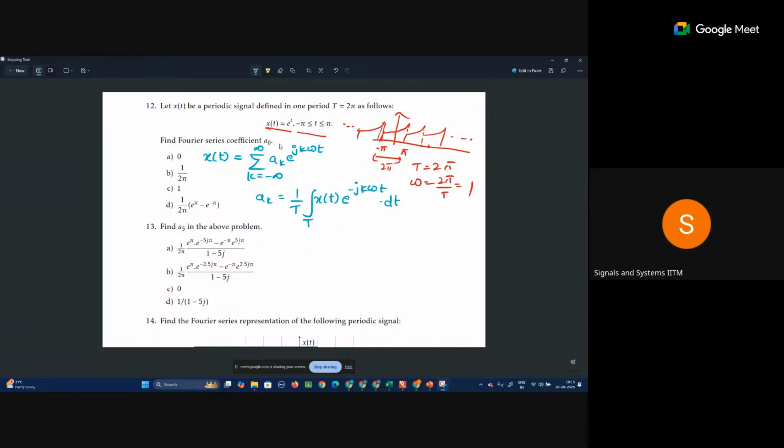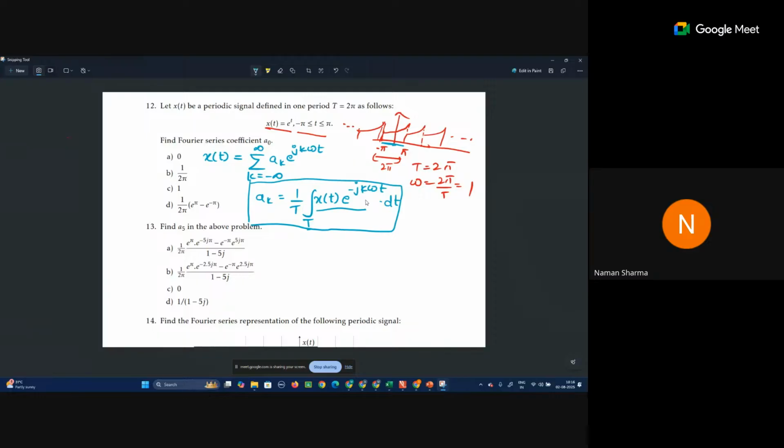Ma'am, can you please tell me about the limit part? This limit? Yeah, this is a formula in the duration. It is not from minus infinity to infinity. It is only in the time duration we'll be taking, I mean, in this 2 pi duration only, we'll be computing that area.